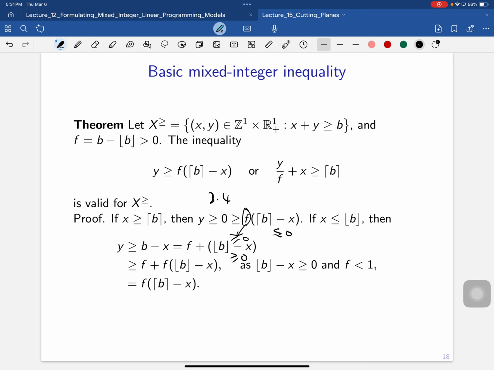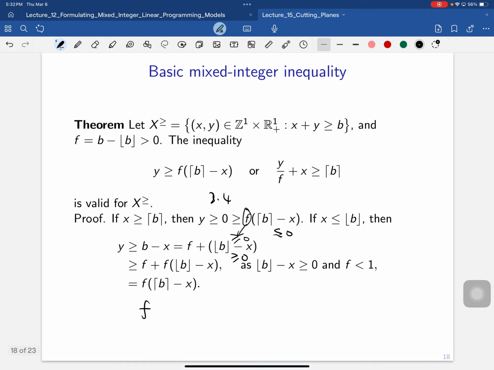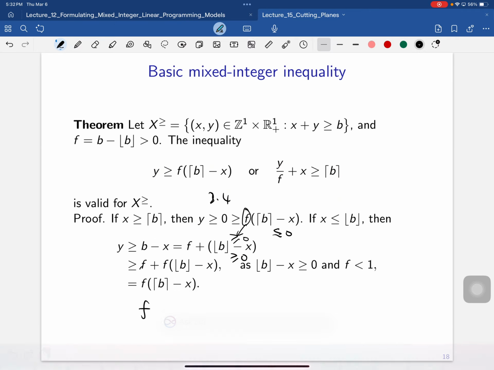Okay, so let's write it down. So this will be f... sorry, somehow it activated it. Let's remove this line for now. It is nothing but f times 1 plus the floor of B minus x.